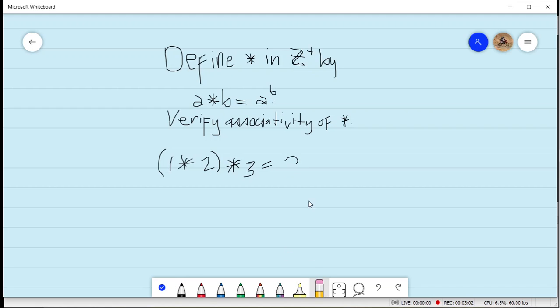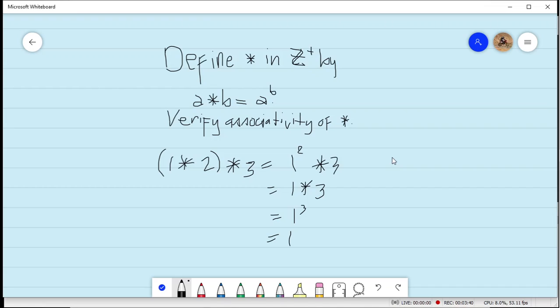I'm sorry. Erase this first. That would be 1 squared operation 3. But then 1 squared is just 1. So this will be equal to 1 operation 3. Then apply the definition again of the operation. 1 operation 3 will just be 1 cube, which is equal to 1.